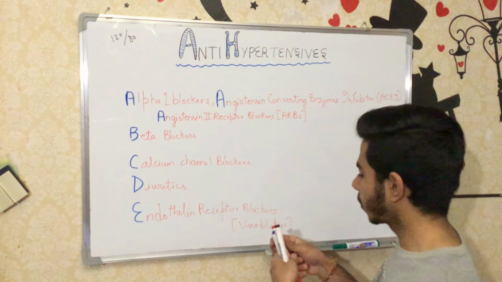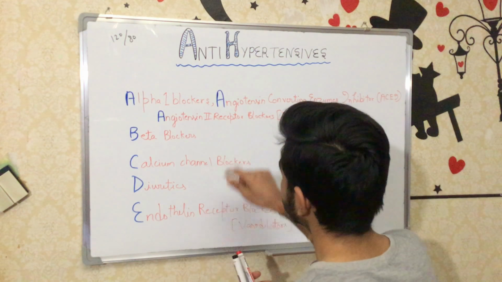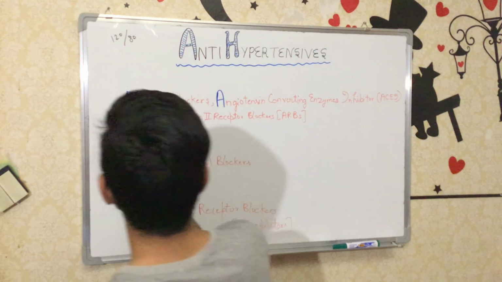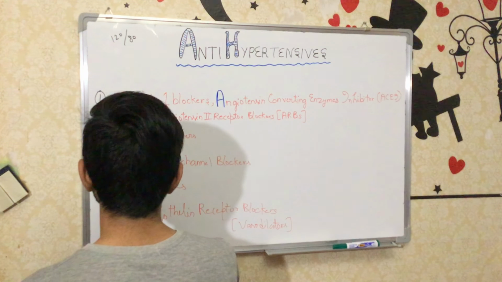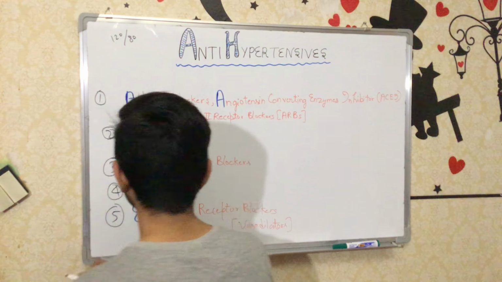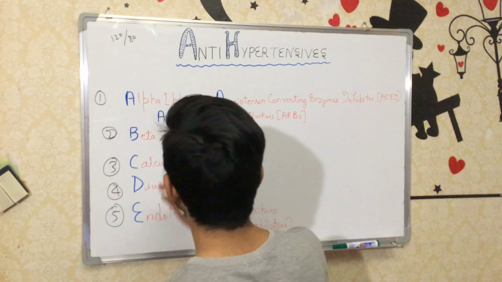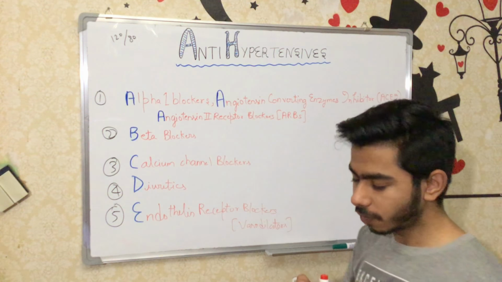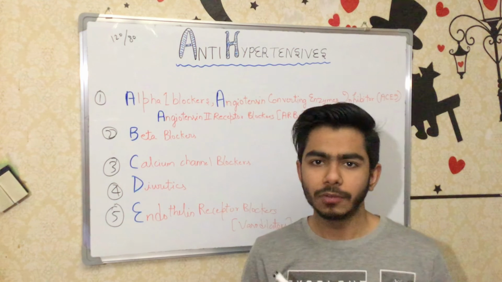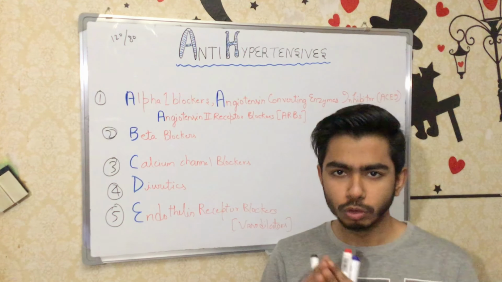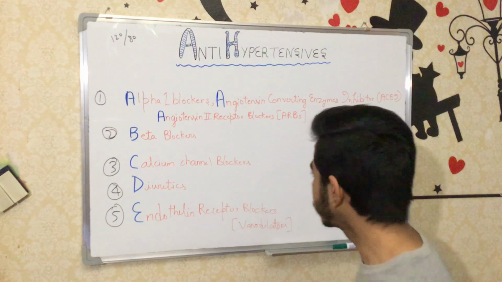So for example, talking about the first one, let's classify them: first, second, third, fourth, and fifth. Let's talk about the first one, alpha 1 blockers. In the smooth muscle cells, alpha 1 adrenergic receptors are present on the smooth muscle cells. So what happens over there actually?